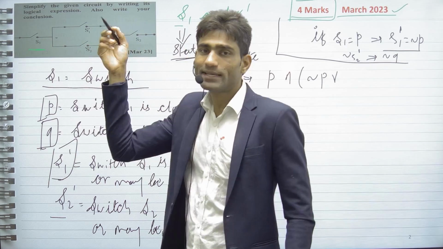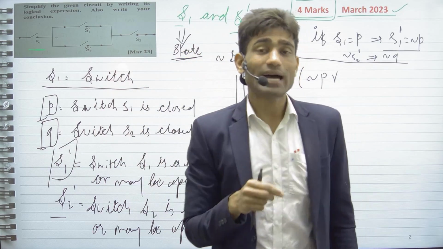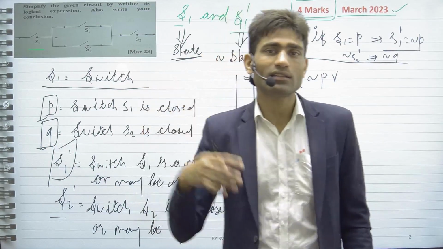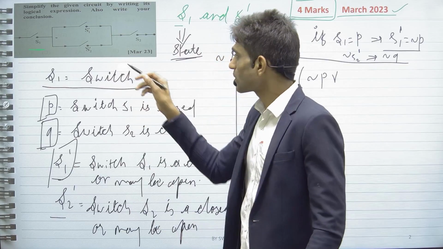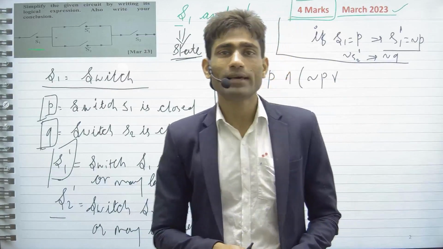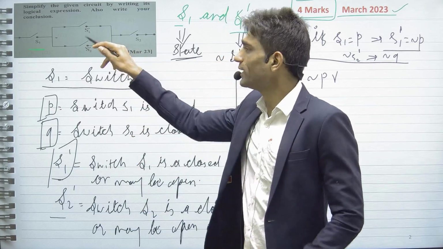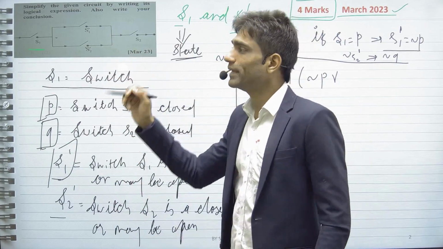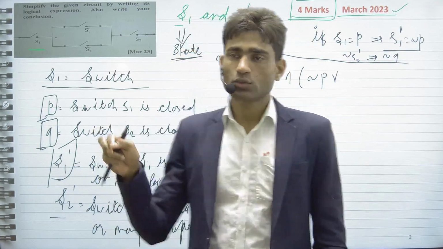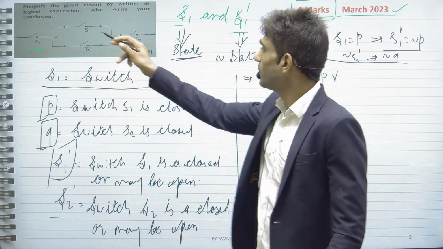If the upper switch is on, current can obviously flow. If one switch is off, it is not necessary that the other switch is also off; maybe the other switch is on. Current cannot flow only when both of the switches are completely off. With two parallel switches, current can flow from here as well as from the downside. This is the way we define OR.